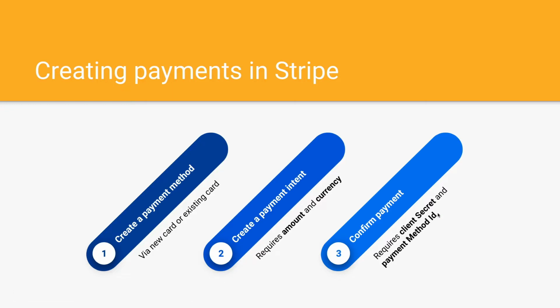For confirming the payment, we also have to provide the payment method ID, which we get from the first step. So the values from the first step and the second step are used in the final third step, and we should be able to see a successful transaction in the Stripe dashboard via test data once we perform all of these steps. So let's jump into the code now.